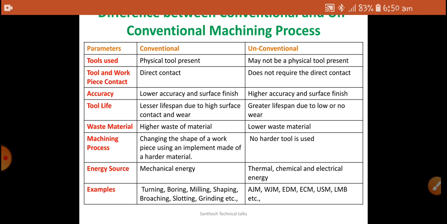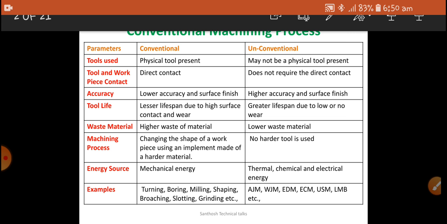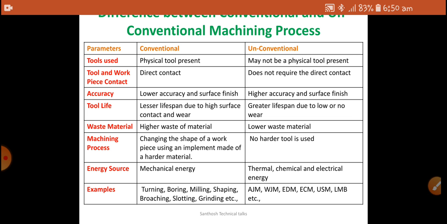In energy sources, mechanical energy is the only one available in conventional machining. In unconventional, we can use mechanical, thermal, chemical, and electrical energy. For your better understanding, examples of conventional machining are turning, boring, milling, shaping, broaching, slotting, grinding, etc. All these processes are examples of conventional machining process.